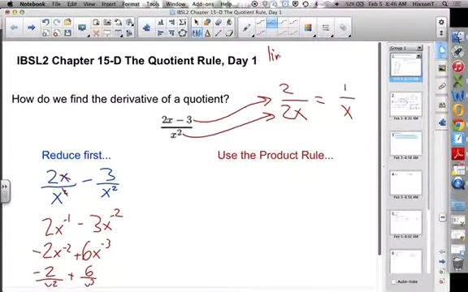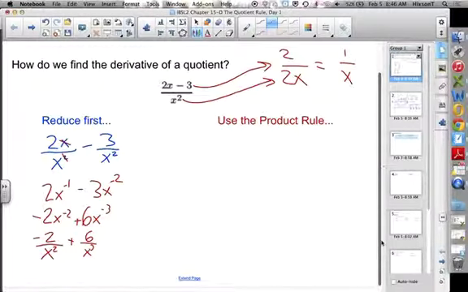When you're taking the limit, if you have the limit of two functions divided by each other, you cannot just take the limit of the top and divide it by the limit of the bottom. Okay? And remember, derivatives are just big limits, so we can't do that with derivatives either.